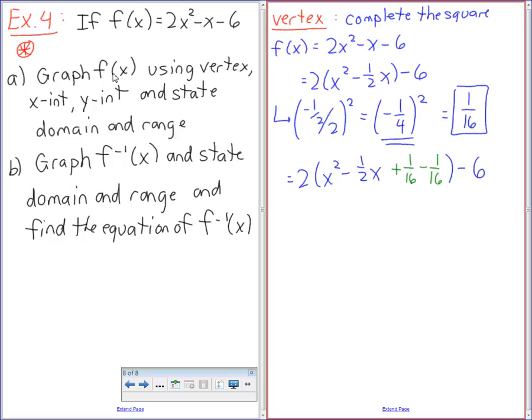So I'm going to multiply that by the 2 out front. So it equals 2 bracket x squared minus 1/2 x plus 1/16, minus 1/8, minus 6. Now notice 2 times negative 1/16 is negative 2/16, which in lowest terms is negative 1/8.